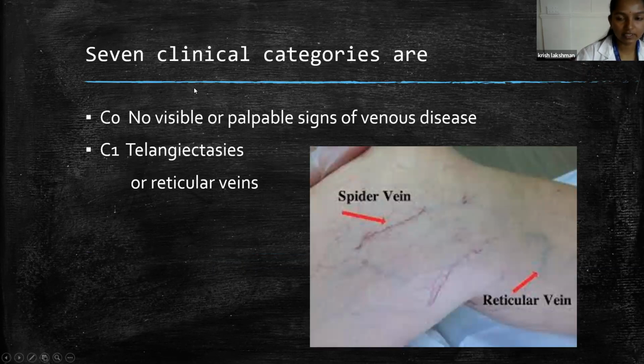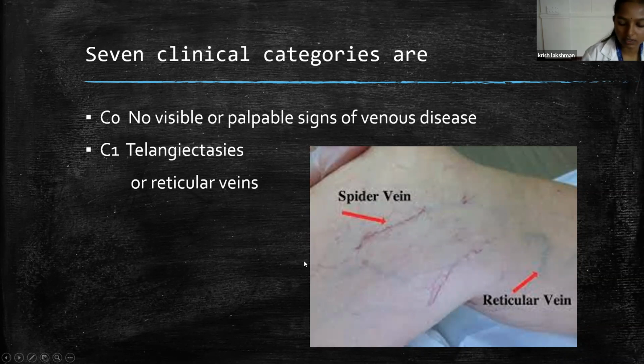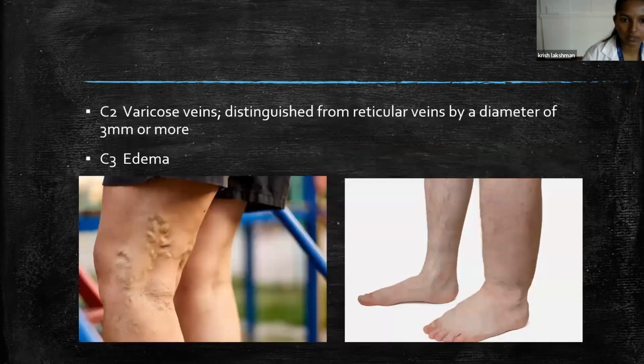In clinical categories, there are seven stages. C0 is no visible or palpable signs of venous disease, but the patient has some complaint. C1 is telangiectasias or reticular veins, very minute veins less than 1 mm. C2 is varicose veins, greater than 3 mm.